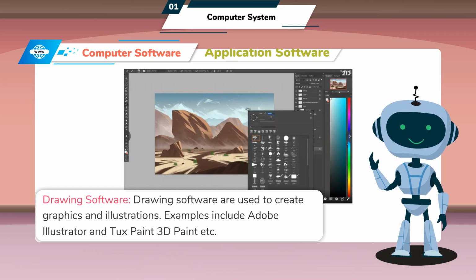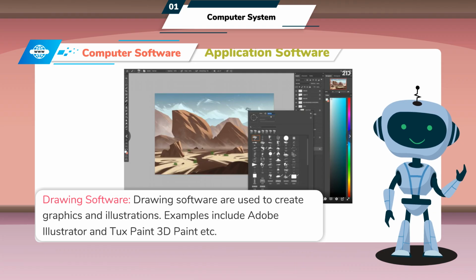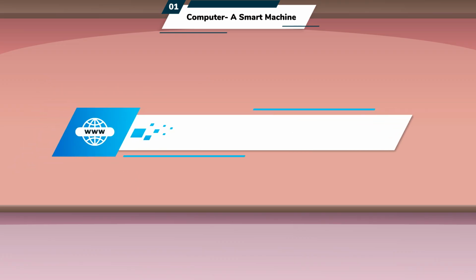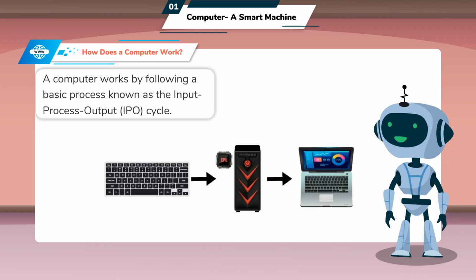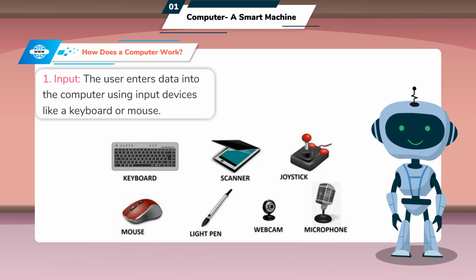Drawing software. Drawing software is used to create graphics and illustrations. Examples include Adobe Illustrator and TuxPaint, 3D Paint, etc. How does a computer work? A computer works by following a basic process known as the input process output, IPO, cycle. 1.